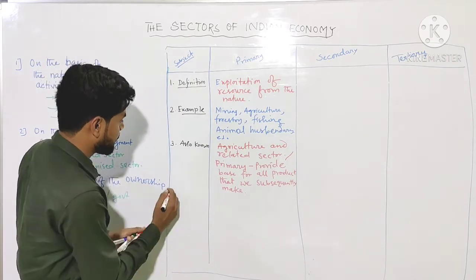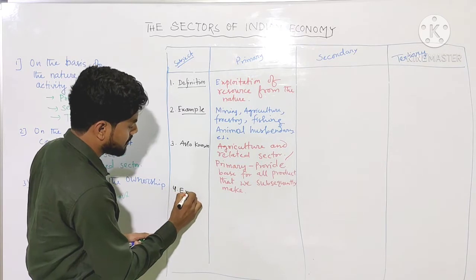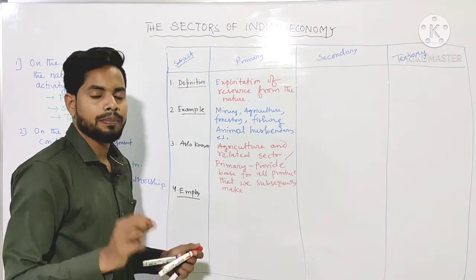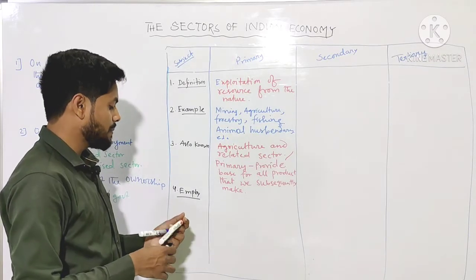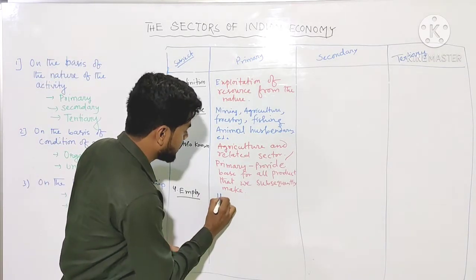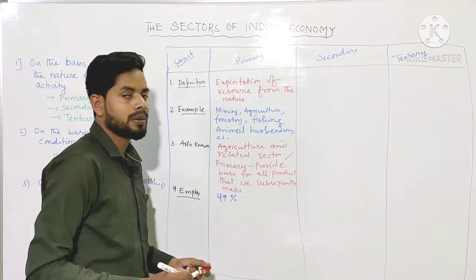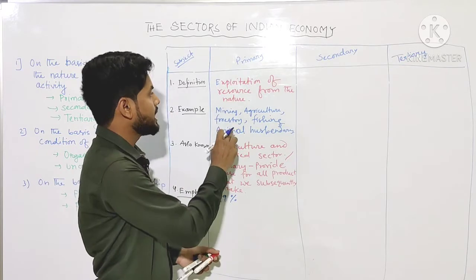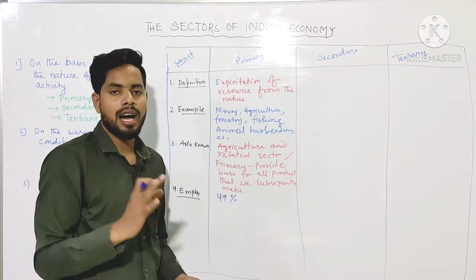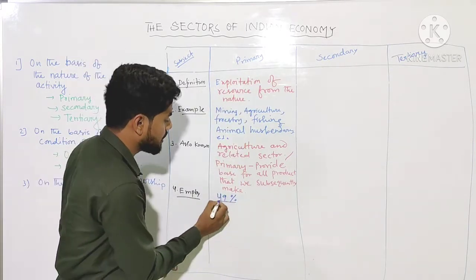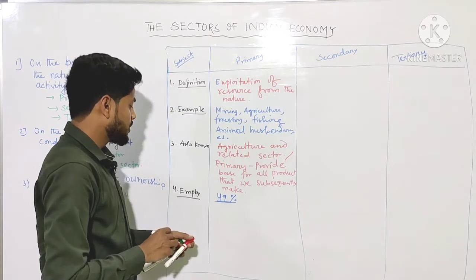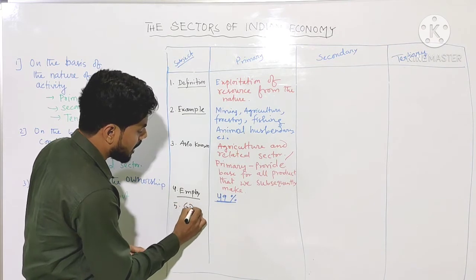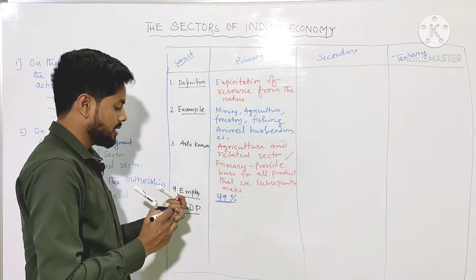And the fourth is employment. How many people are engaged in the primary sector? 49% of people. Otherwise you can say that half of the country's people are engaged in the primary sector. Next is GDP. How much GDP is shared by the primary sector?